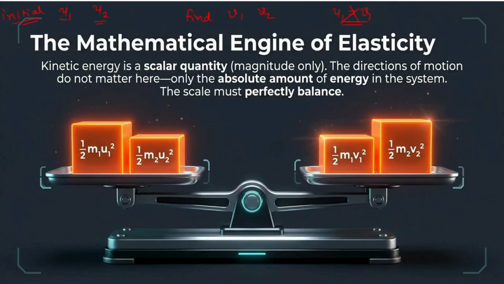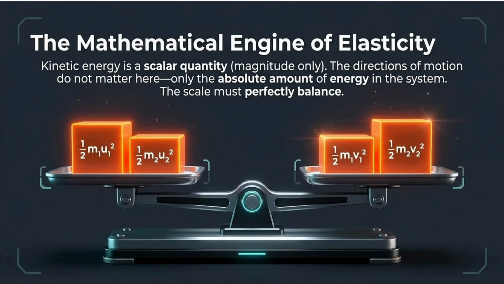If I say that 1/2 m1 u1 squared plus 1/2 m2 u2 squared equals 1/2 m1 v1 squared plus 1/2 m2 v2 squared, it doesn't mean that u1 is equal to v1. It may be true or it may not be true. But this condition is fulfilled in every elastic collision. So this is a mathematical formula.